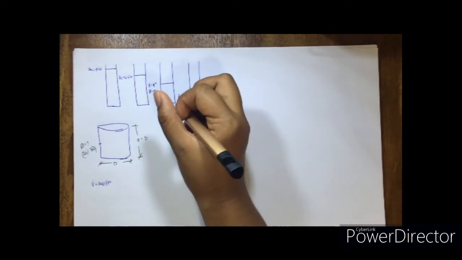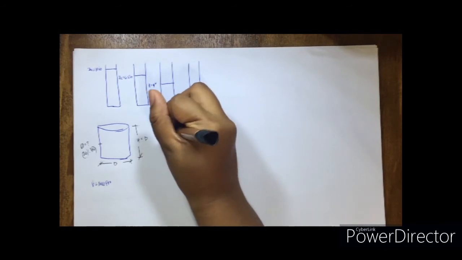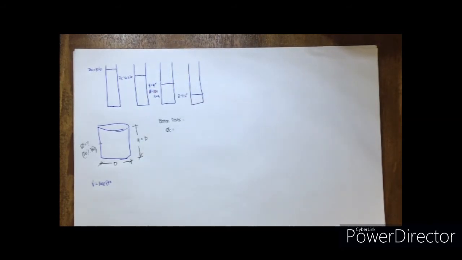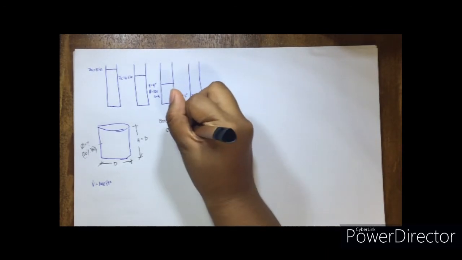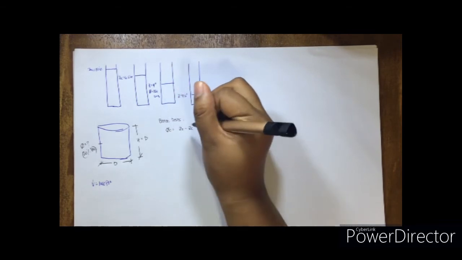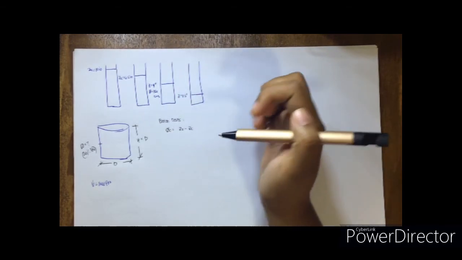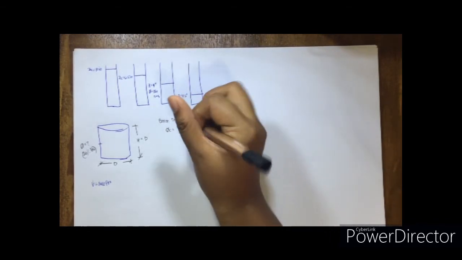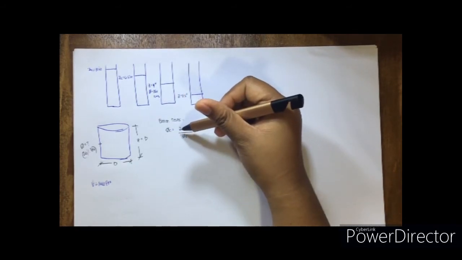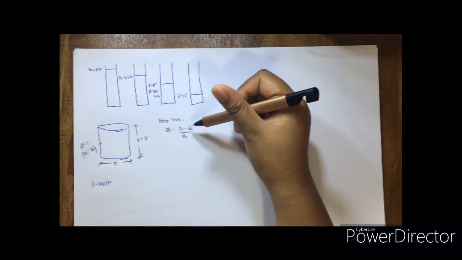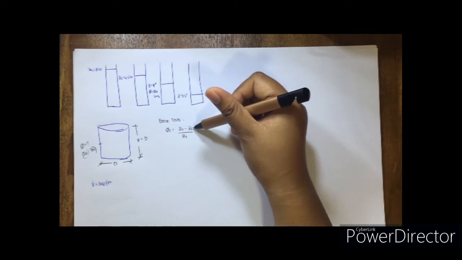In free settling conditions, so this is the height of our solids before settling, and this is the height at the end of the free settling period.